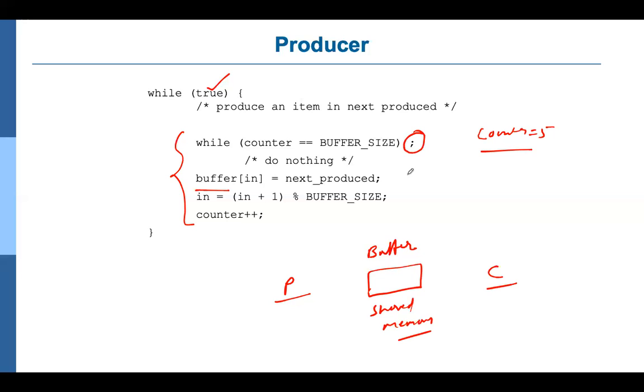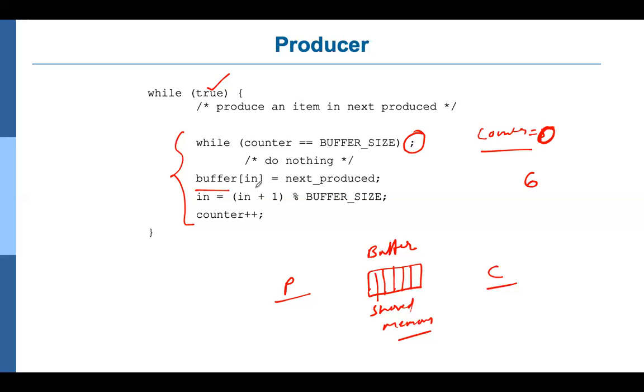It means that my buffer is full, right? The counter tracks how many times I have written something and how many times I am consuming something. That is the technique we have used here. Let's say the buffer size is 1, 2, 3, 4, 5, 6. The buffer size is 6, and I have initialized the counter with 0.